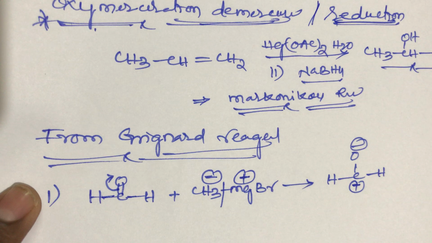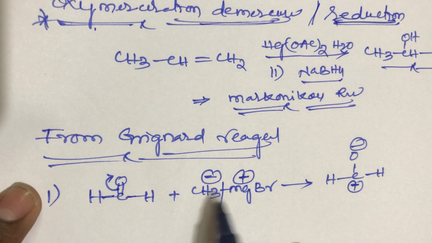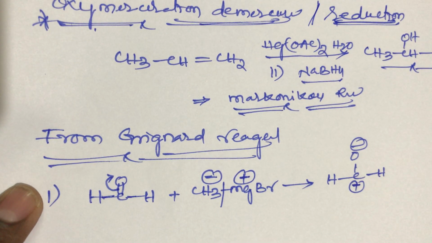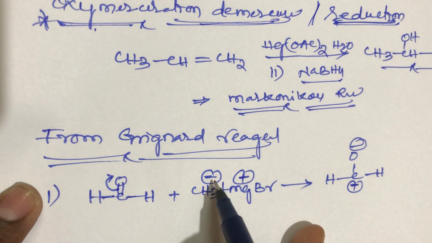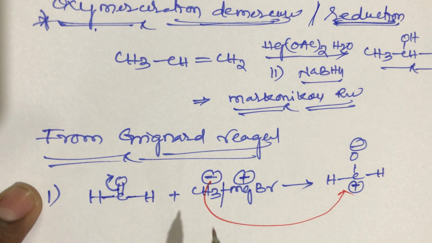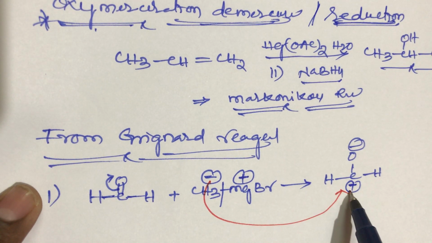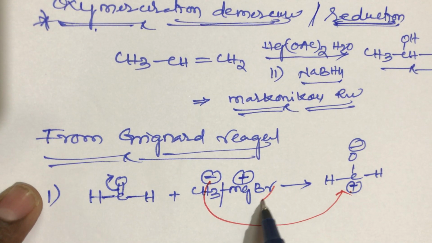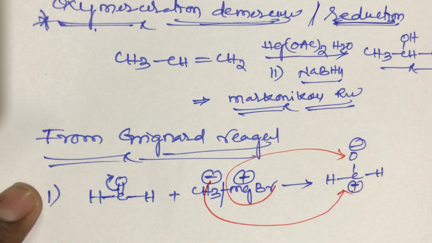Then the CH3 of CH3MgBr, this CH3 minus, will attack the positive charge side, and the remaining MgBr part will attack the negative side. Simple trick, student.